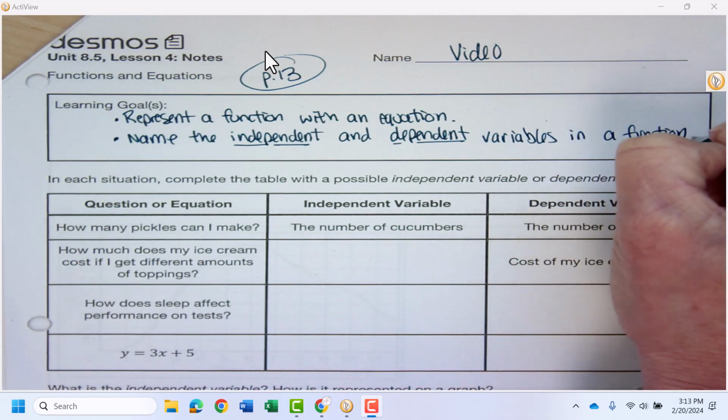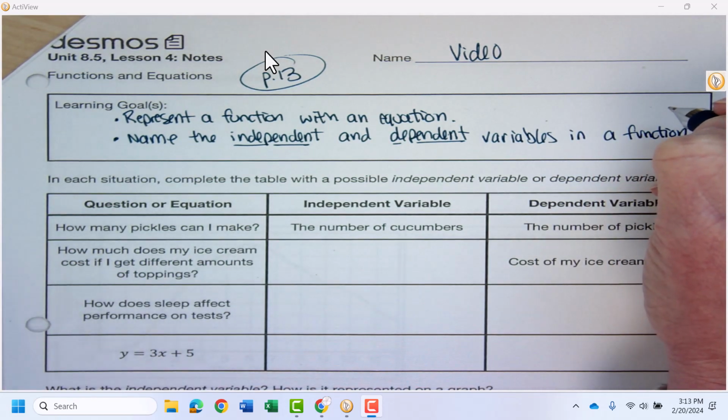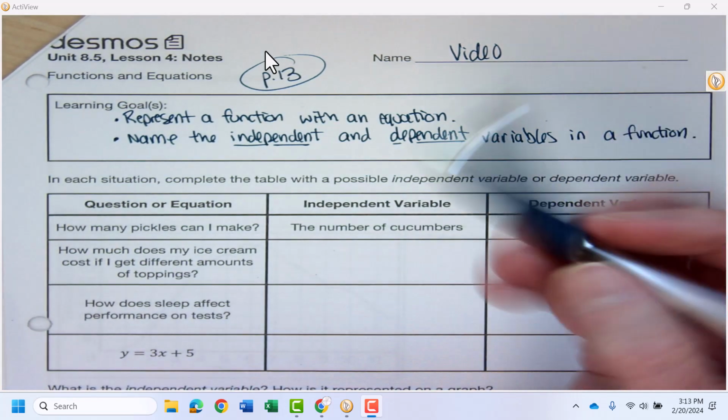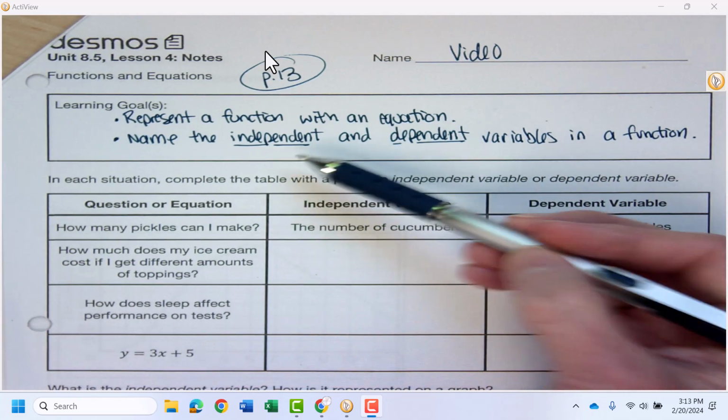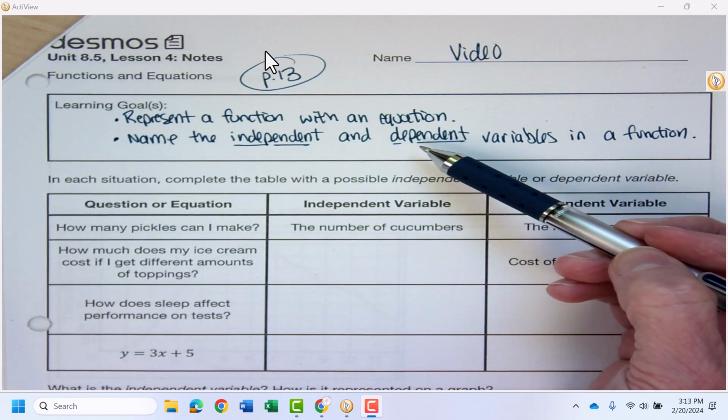Now we've been dealing with these all along as we've been talking about functions. We've just been calling them inputs and outputs. But today right now we're going to talk an awful lot about independent and dependent variables.